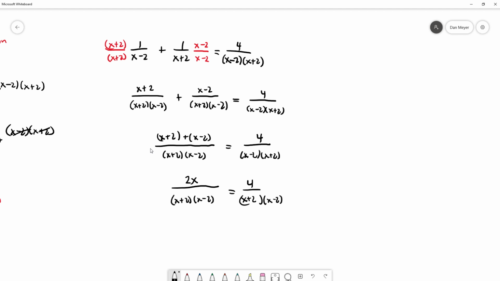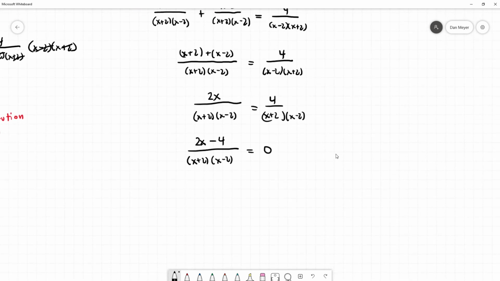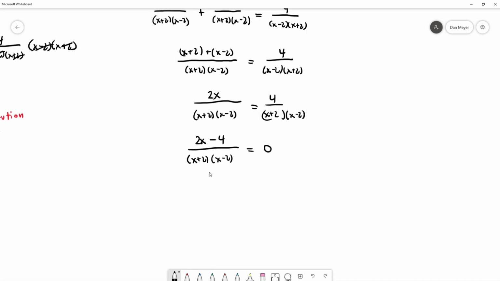Then if I subtract the 4 over x minus 2 times x plus 2 from both sides and simplify, I get 2x minus 4 all over x plus 2 times x minus 2 is equal to 0. We can maybe avoid making this domain error by reducing the fraction. I can factor out a 2, is equal to 0, and I can cancel the x minus 2's.